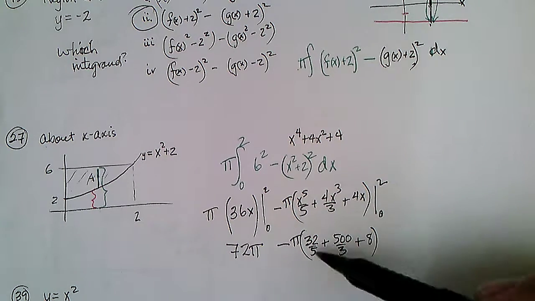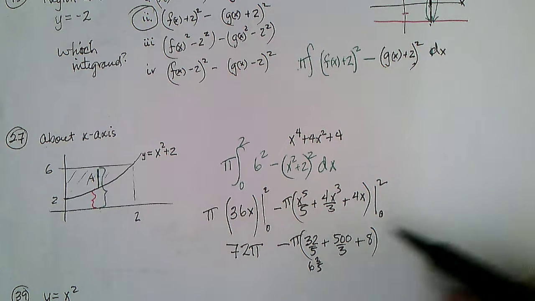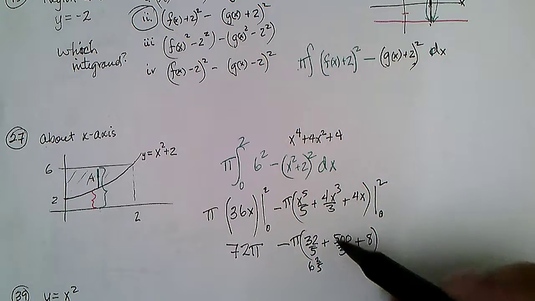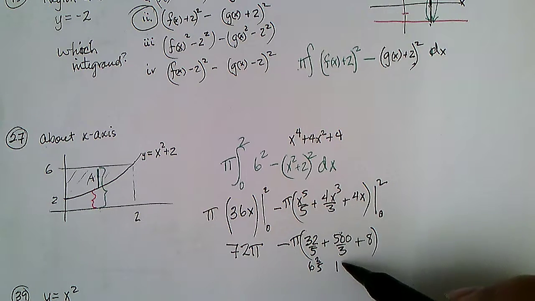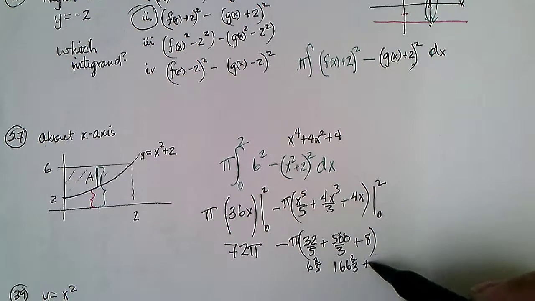So 32/5 is 6 2/5. 500 thirds, that's 1, that leaves 228. 6 is 6.6666, or 6 2/3, plus 8.